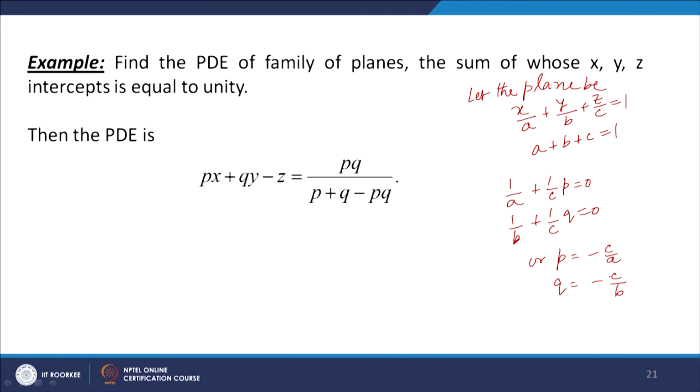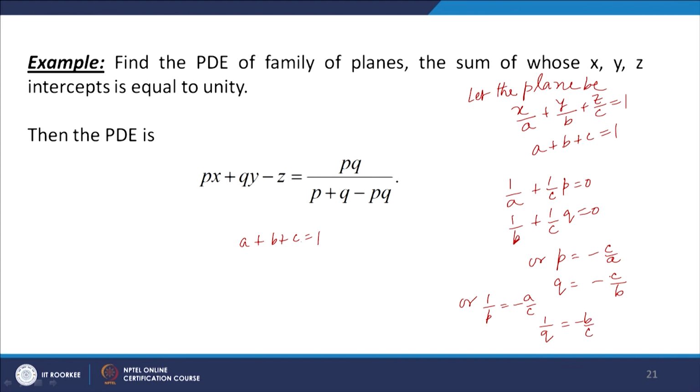Okay. Now, we want to find this relation here. So, a + b + c = 1. We can say 1/p = -a/c and 1/q = -b/c.